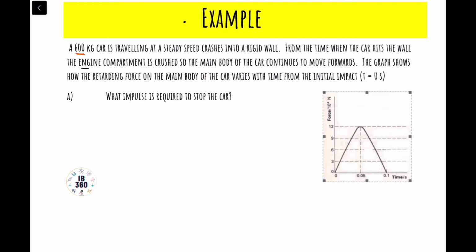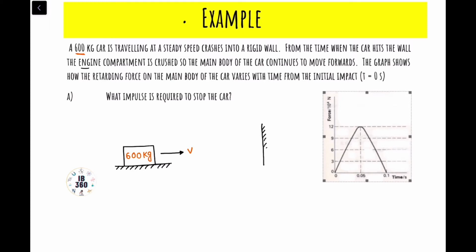Suppose this is our car and the mass of the car is 600 kg, moving with a velocity v in this direction, and there is the wall over here.